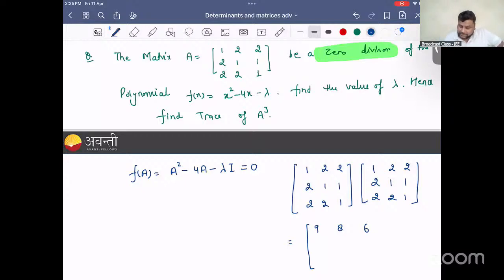Then 2, 2, 2, 6. Then 4 and 1, 5 and 2, 7. Then 4, 1, 5, 1, 6. Then 2 plus 4 plus 2, 8. Then 4 plus 2, 6 plus 2, 8. Then 4 plus 5, 6 plus 1, 7. This is your A square.